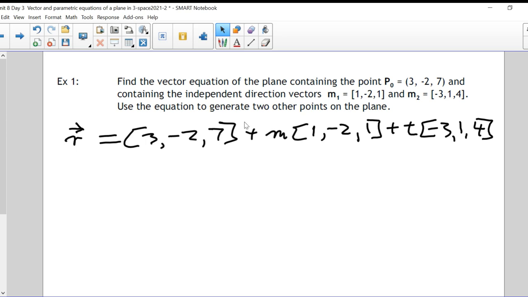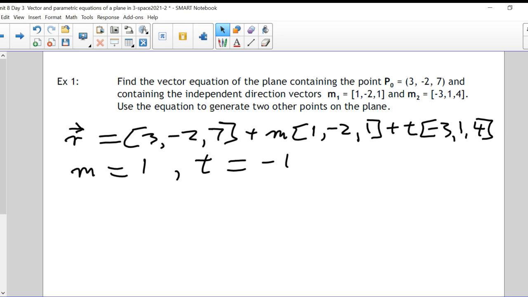Now, use the equation to generate 2 other points on the plane. How do you think I would generate 2 points on the plane? What do you think I would have to do? Choose a random value for m and t. Absolutely. So let's say m is equal to, I'm just going to make something up, a very simple number like 1, and I'll use a t-value of, let's say, -1.